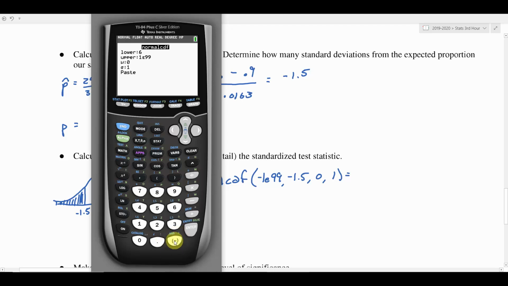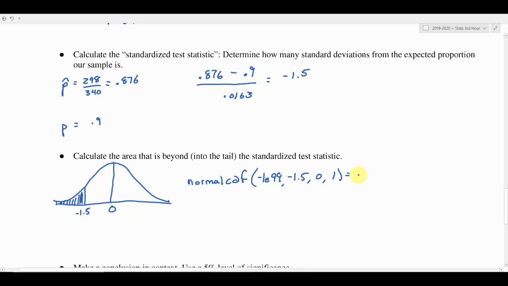I'm going to put the negative 1e99 in there, and my upper bound is negative 1.5. And then we will paste that in and see how we do. So we got 0.0668. There we go. All right.